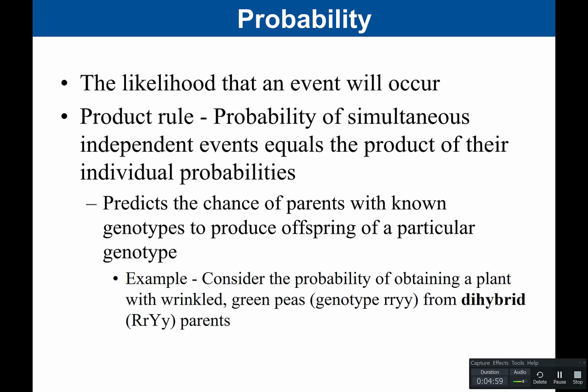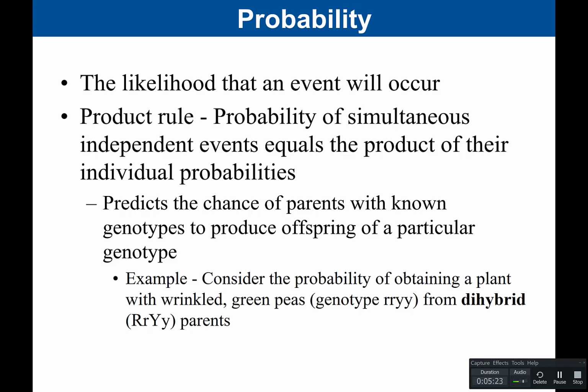So this would allow you to predict the chance of parents with known genotypes producing offspring of a particular genotype. So if we were to consider the probability of obtaining a plant with wrinkled, green peas, so genotype little r, little y, from dihybrid parents.